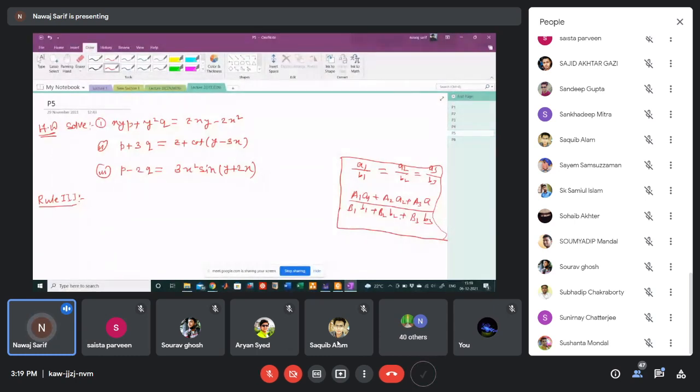If you multiply some constant to the numerator and some constant to the denominator, you can add the numerator terms and denominator terms also. This is a property, and I will use this property to find a solution by using rule 3.